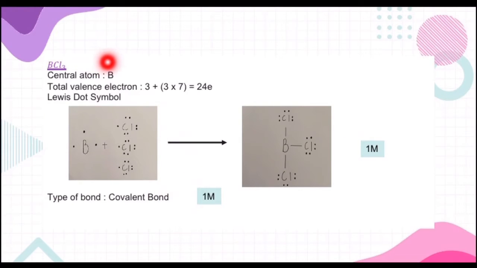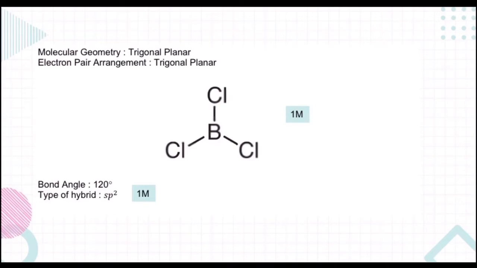Next, for boron trichloride, the central atom is B, total valence electron 24, and this is the formation for boron trichloride, and the type of bond is covalent bond. So again, 1 mark for the drawings and the other mark for the type of bond. Next, for boron trichloride, we have to draw the molecular geometry and also name it.